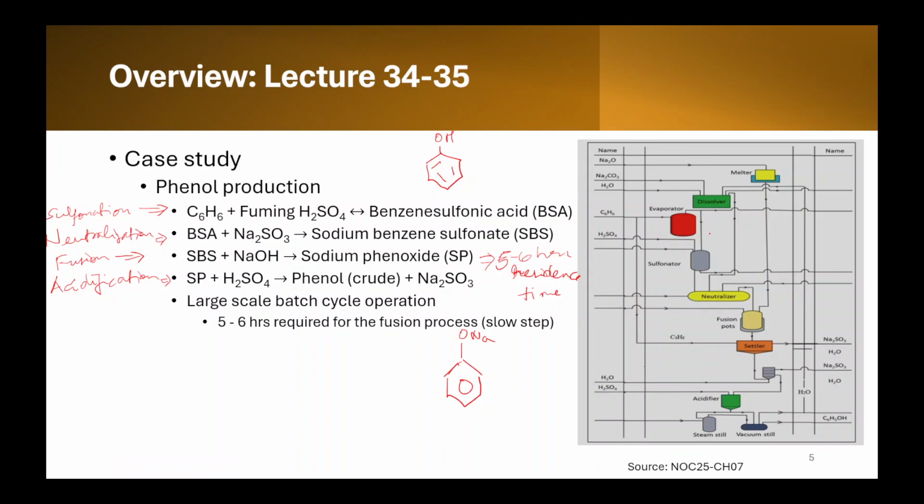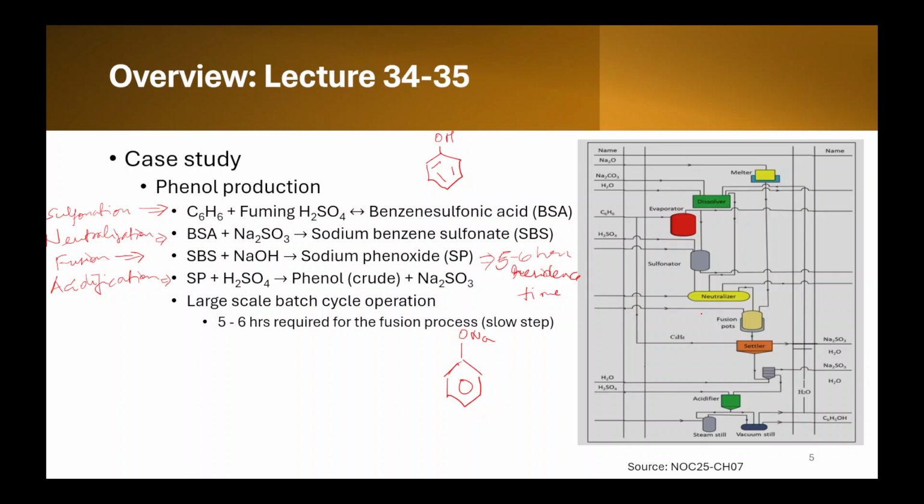It goes through the evaporator to the sulfonator, and in the sulfonator the H2SO4 is added. The sulfonation takes place here. Then whatever the reaction effluent is, it is taken to the neutralizer, and Na2SO3 is added. Na2SO3 neutralizes it to sodium benzene sulfonate, and then from the neutralizer it goes to the fusion pot.